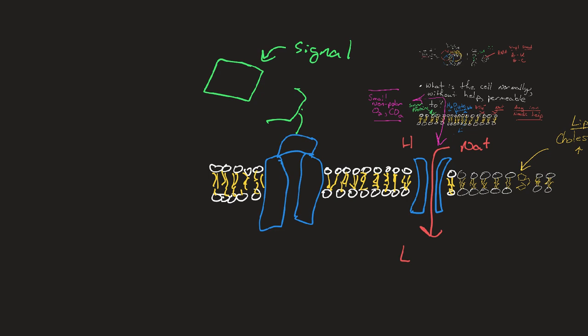So the signal is sent from somewhere else. What kind of things are signals? Hormones, neurotransmitters, right? So some kind of signal gets sent, and when that binds, the hydrogen bonds change, and when the hydrogen bonds change, it changes its whole shape.